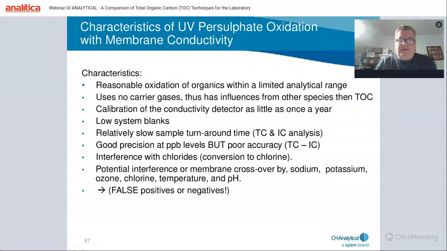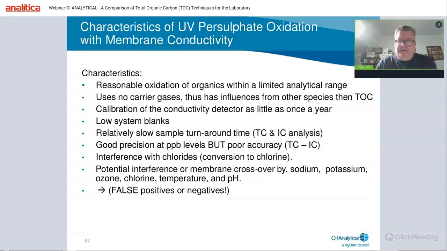Characteristics of UV persulfate oxidation: reasonable oxidation of organics within a limited range, uses no carrier gas and thus has influences from species other than TOC, calibration of the conductivity detector as little as once a year, low system blanks, relatively slow sample turnaround, TC and IC, good precision at ppb levels but poor accuracy, TIC minus IC.